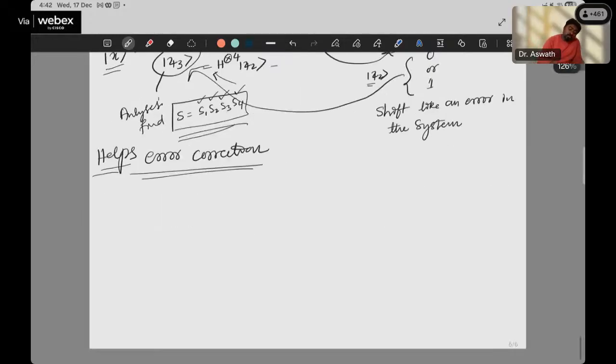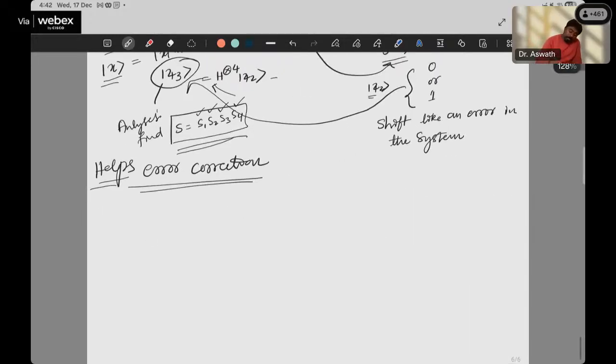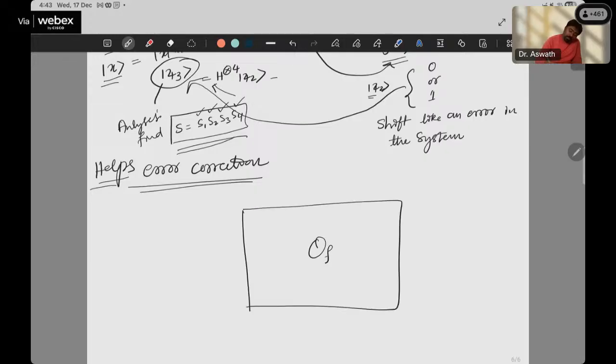Circuit-wise, there will be an oracle function which takes x ket and ancilla, and it gives away x ket and ancilla, but x ket gets multiplied by (-1) to the power s dot x.